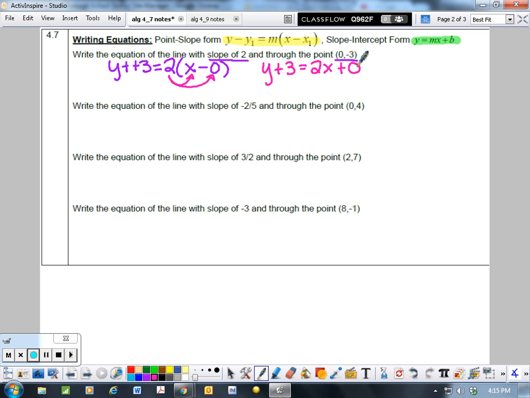And you can write the 0, you don't have to write the 0. And now it's up to us to move that 3 away from the y, so it's just y by itself. So I minus 3 from both sides. And so now we get our final equation, y equals 2x minus 3.